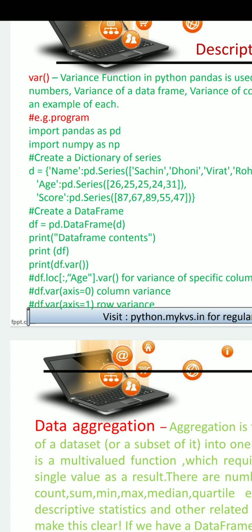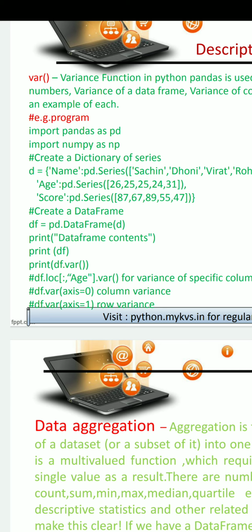Okay students, so this is very easy. There are 4 different ways through which we can find the variance. Finding the variance of the full data frame finds the variance of all the numerical columns. With loc, we have to mention the range and then the column name, so it finds the variance of that particular column only.